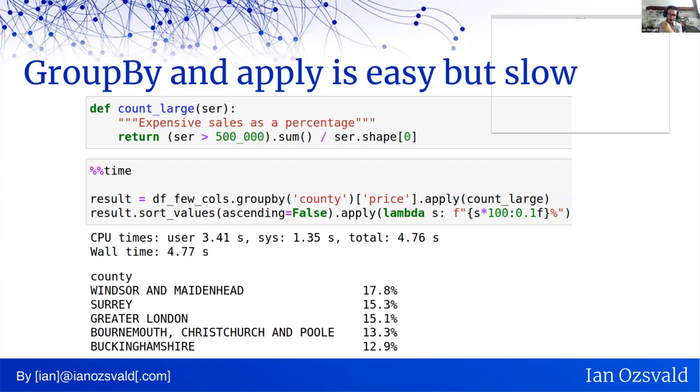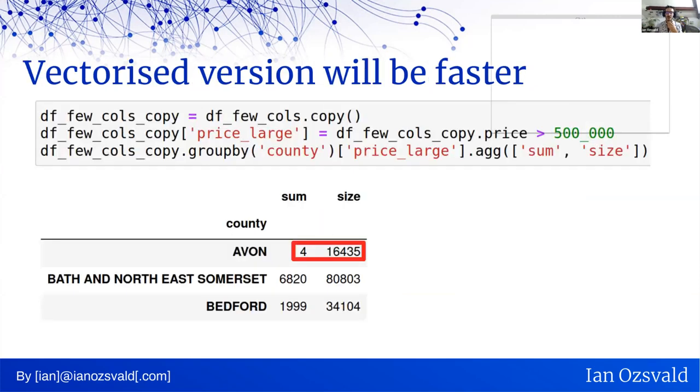And then you think it back and go, actually, hang on a minute. We know that vectorized solutions give us a win. So what if instead of doing what we did before, instead we do a vectorized operation? So here, price large is a Boolean, checking if price is greater than 500,000. And then I do an aggregate on sum and an aggregate on size. So I'm counting vectorized results, and I get that partial result down at the bottom.